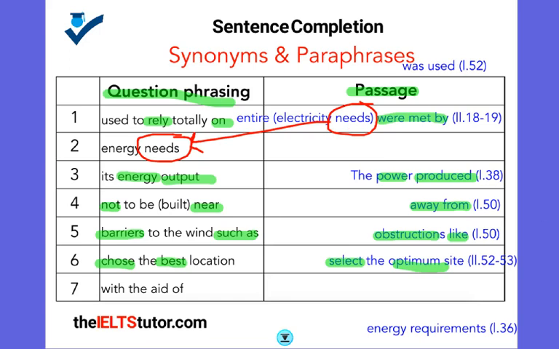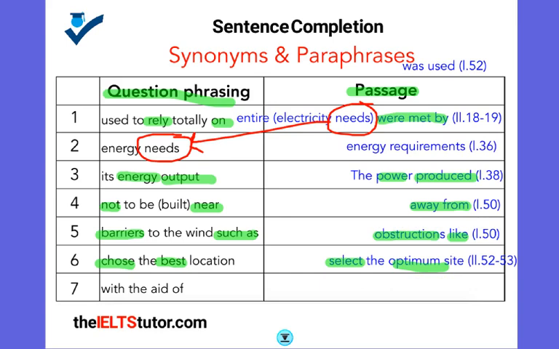You're going to have to read the passage carefully to understand the context and to read the question phrase carefully as well to see whether the context of the word in the passage meets the context of the words in the question. Okay, so energy needs is another way of saying energy requirements.